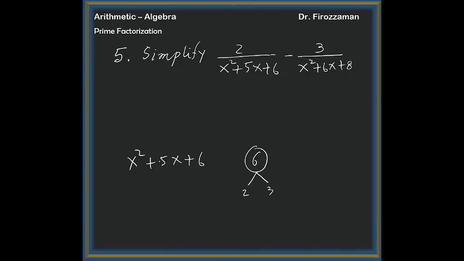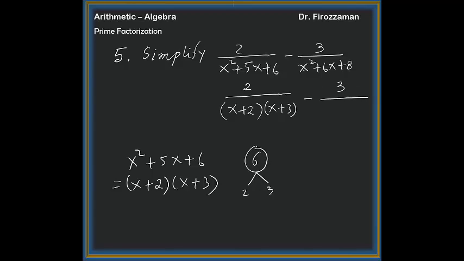So that means my factors are now x plus 2 times x plus 3. This is basically the prime factorization. So I got 2 over x plus 2 times x plus 3, minus, the same way, if you factor this trinomial x squared plus 6x plus 8, it is not difficult to see that we have x plus 2 times x plus 4.